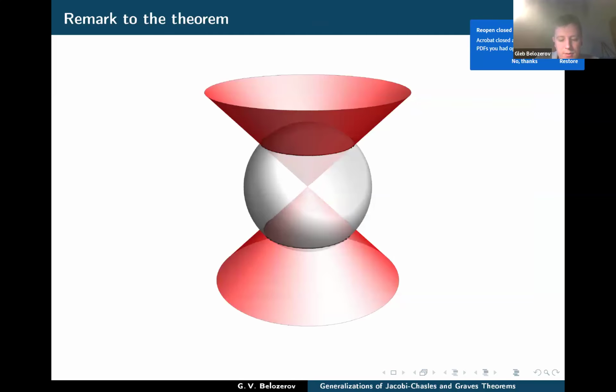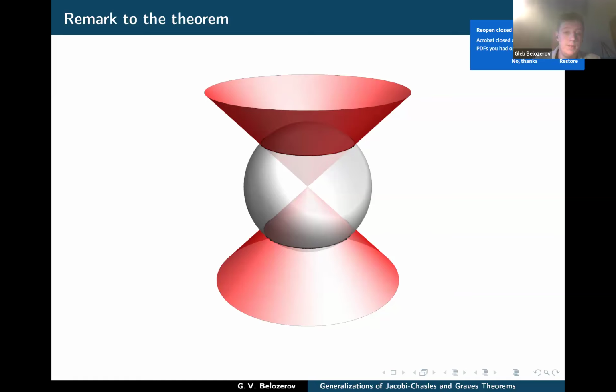This theorem doesn't follow from the classical Jacobi-Chasles theorem. Indeed, consider one of the limit configurations of confocal quadrics. For example, spherical coordinates, that is spheres, cones, and planes.